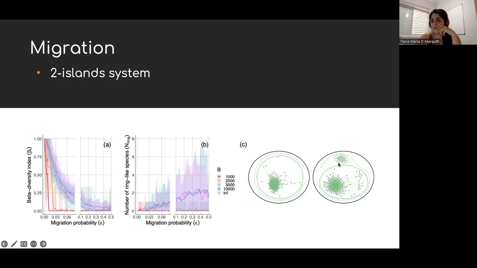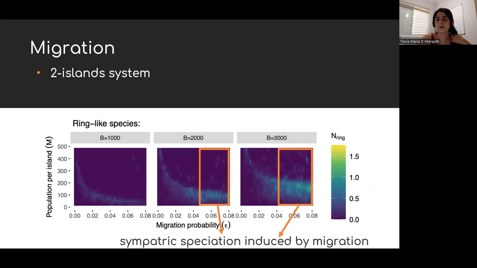Individuals of this group cannot reproduce with individuals of this group. But because they're linked somehow with individuals of the other island, we have only one species when we count the total configuration of islands. So this is the ring-like speciation, and it was sympatric speciation. It was a speciation that happened in one island that was induced by the novelty brought by the migrants.